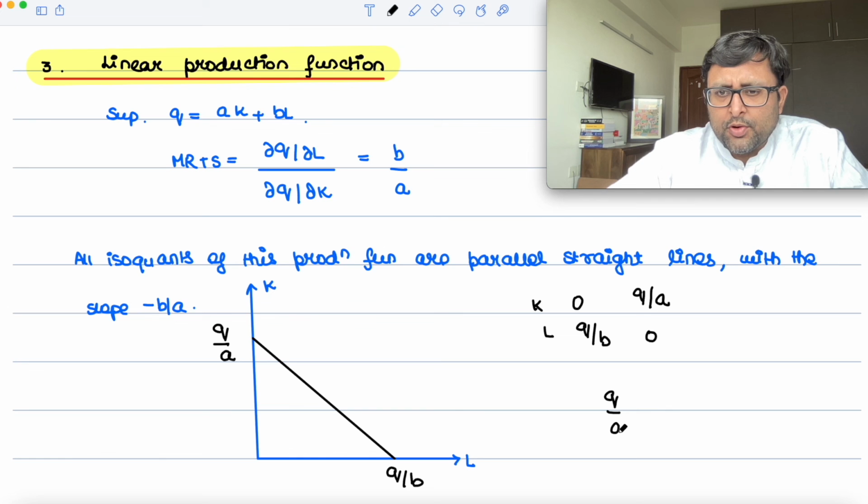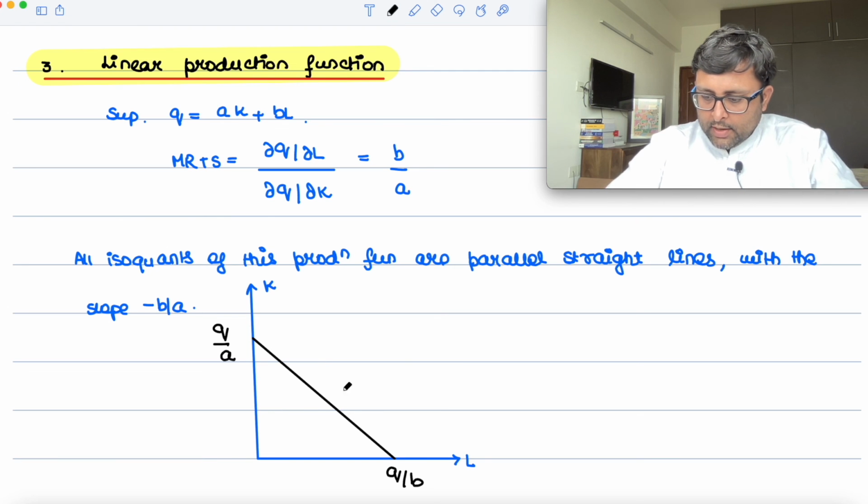This you know from your micro course. Q by A upon Q by B, which comes out to be B by A. That is the slope. So the slope is the same.